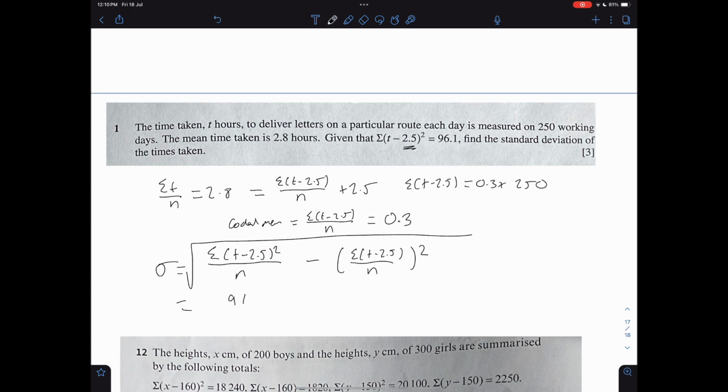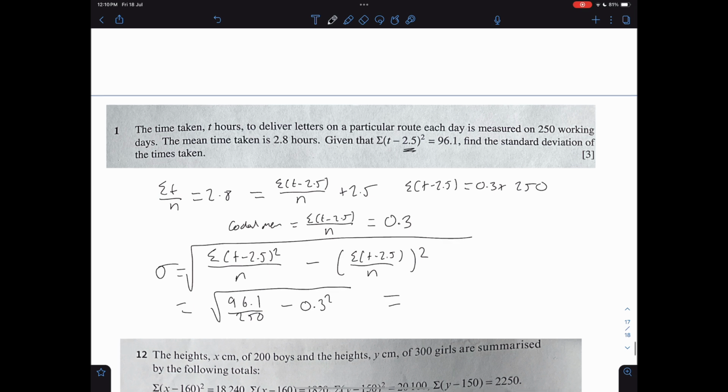The square root of 96.1 over 250 minus 0.3 squared is equal to 0.543 to 3SF.